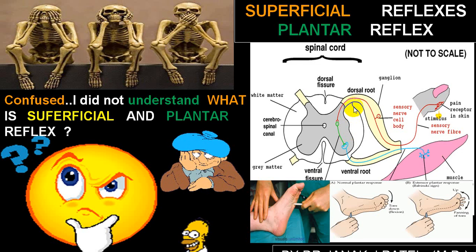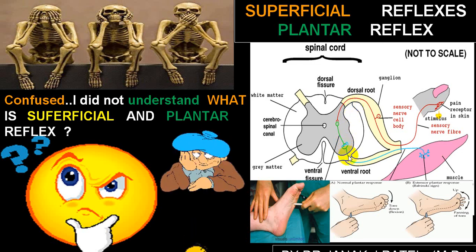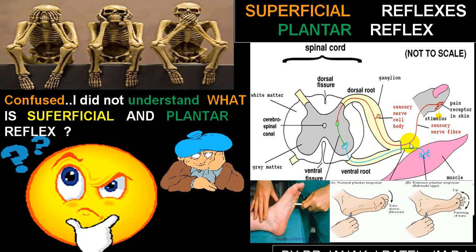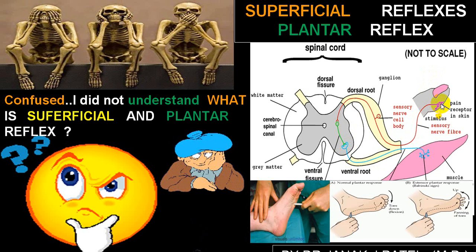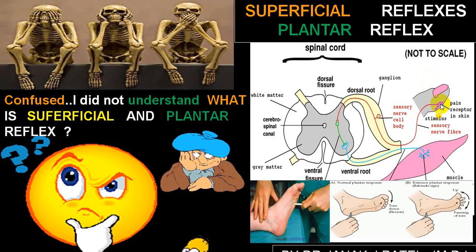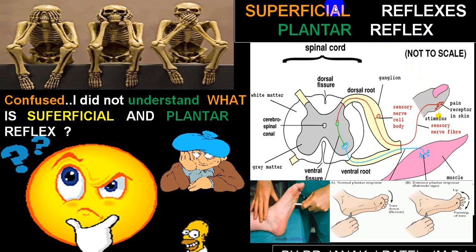So this becomes polysynaptic, and then anterior horn cell will give alpha motor neuron to muscle. So reflex elicited by stimulation of sensory, or we call receptor, that we will call as superficial reflexes.